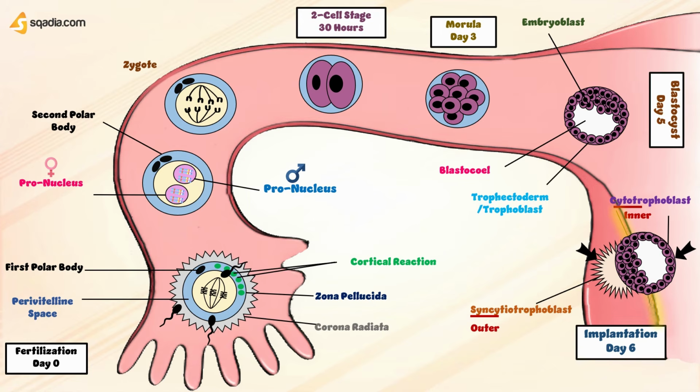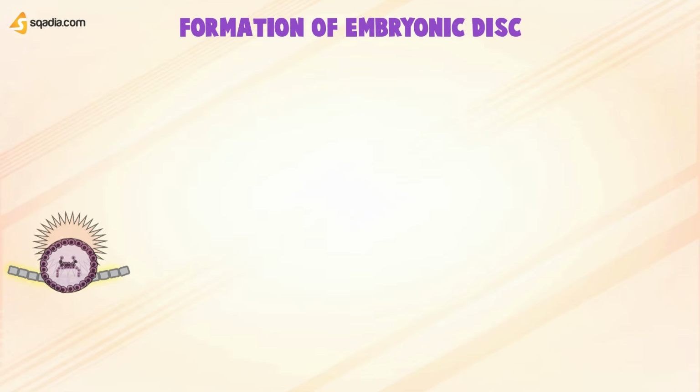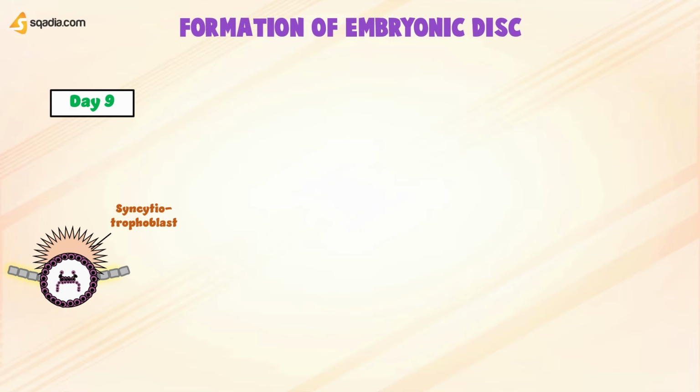Now moving forward. Let's discuss the formation of the embryonic disc. We know that the blastocyst implants in the endometrium lining the uterus. Now, at day 9, these are syncytiotrophoblast. Now the amniotic cavity develops above, and the blastocyst cavity develops below. The blastocyst now takes nourishment from the mother and grows rapidly as it sinks further into the endometrium.